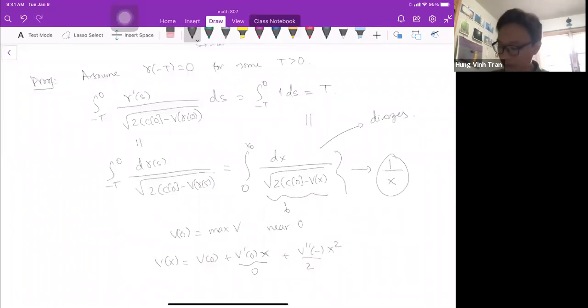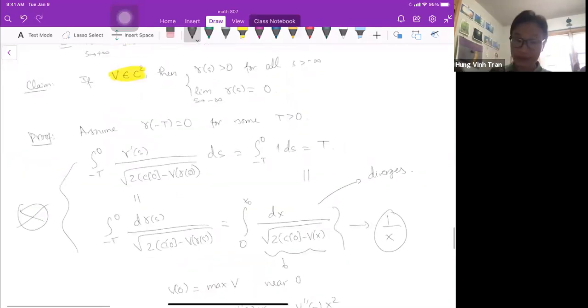Okay, so that gives us a contradiction. So you see that in general in classical mechanics, our potential energy, everything is C^k. If everything is C^k, then we couldn't reach zero in a finite amount of time. Okay, so I'm done.